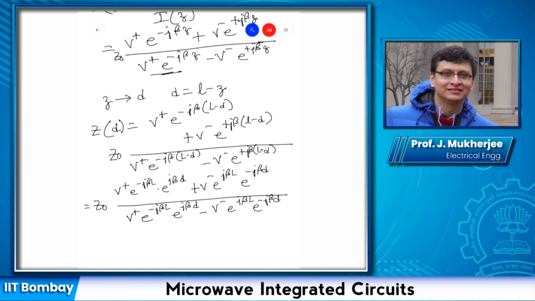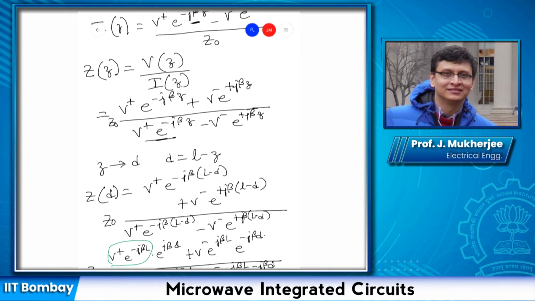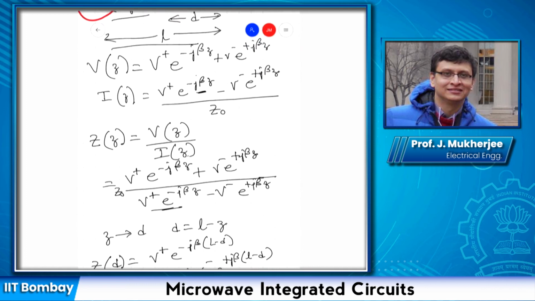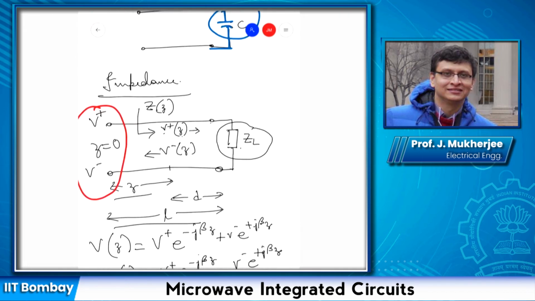Now what is the value of this? If we again go back to a transmission line, if the value of the forward wave at this point is V plus, at this point it is this.